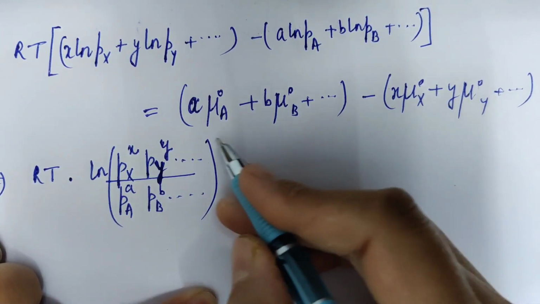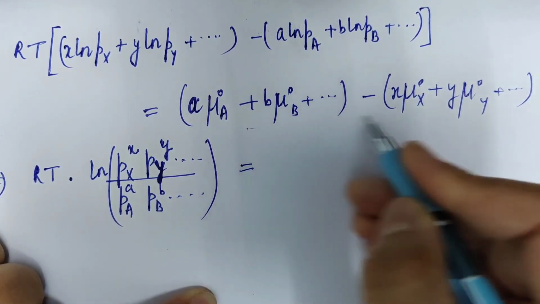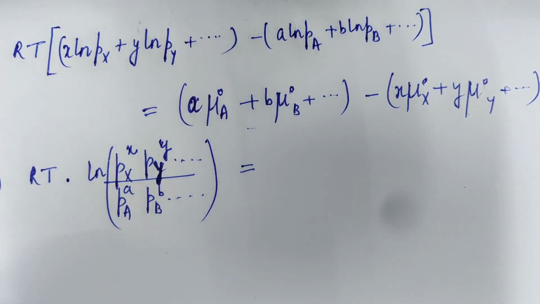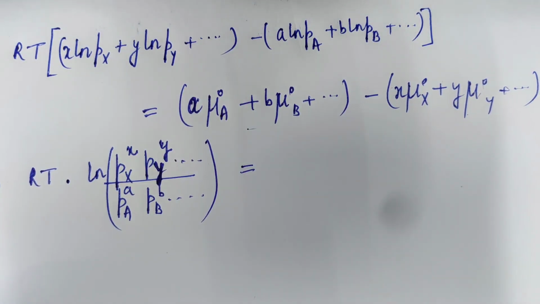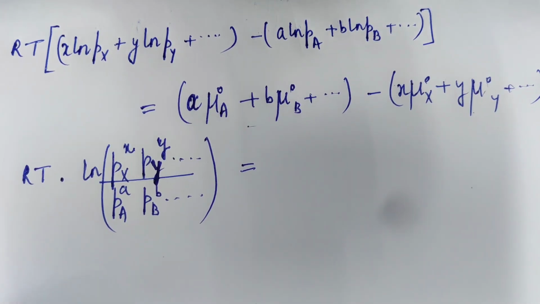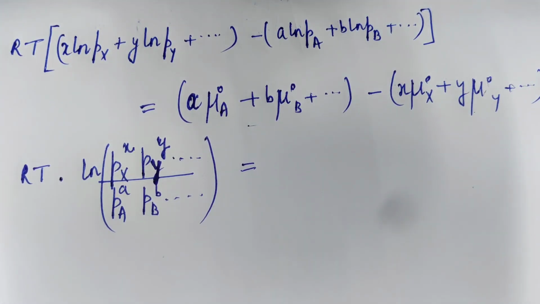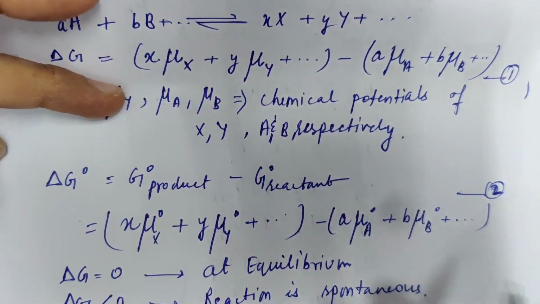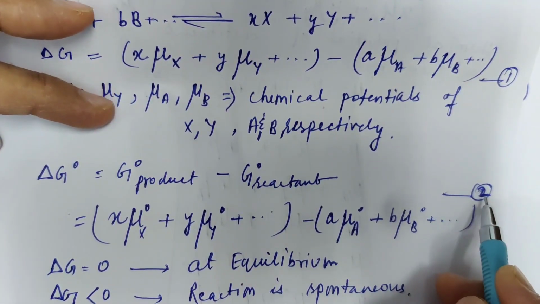Now you see this equation in the very beginning when we were discussing chemical potential, that time we had written an equation of standard Gibbs free energy in terms of standard chemical potential. So I'll show you here the very first discussion we had. Here we have given this equation number 2.